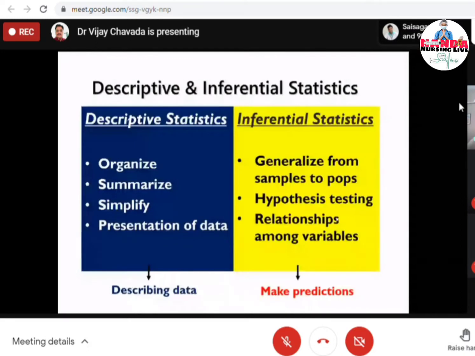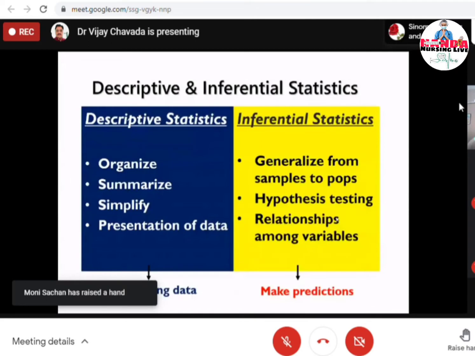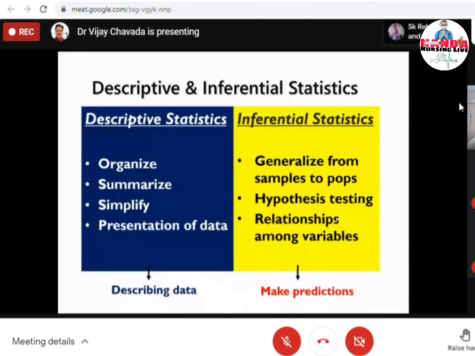These assumptions are tested as hypothesis testing. We also compare two or three different variables within a group, and these predictions are the final outcome. Making predictions out of the data is nothing but statistics.